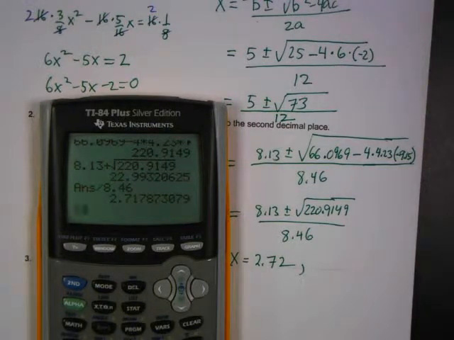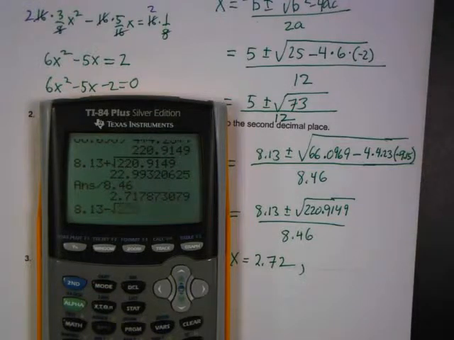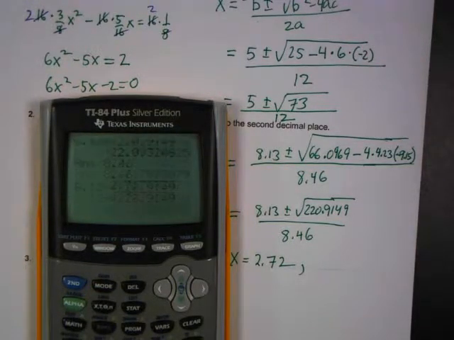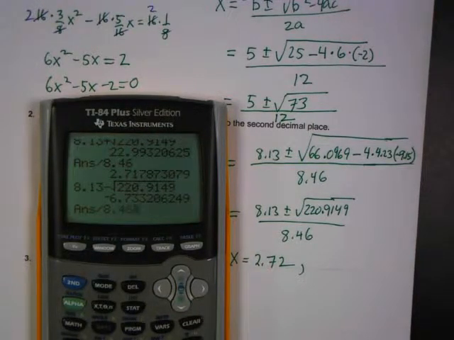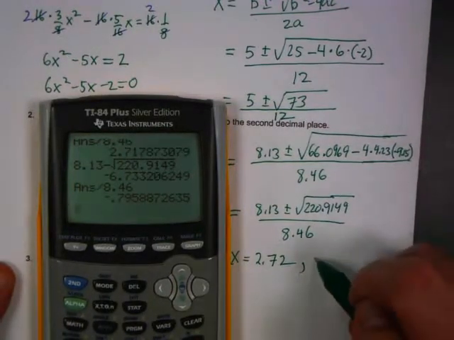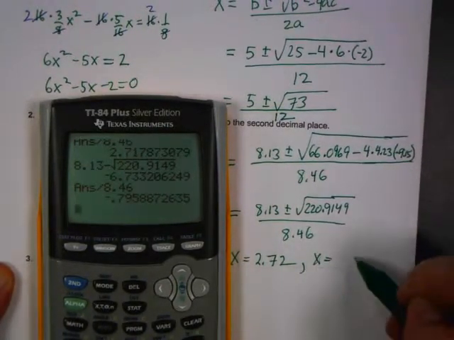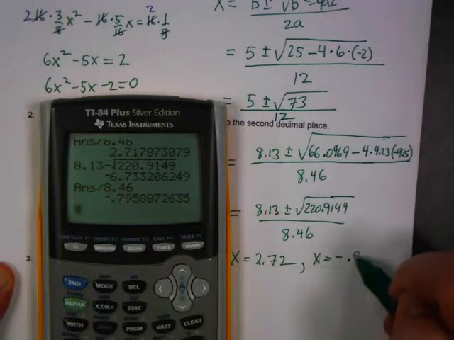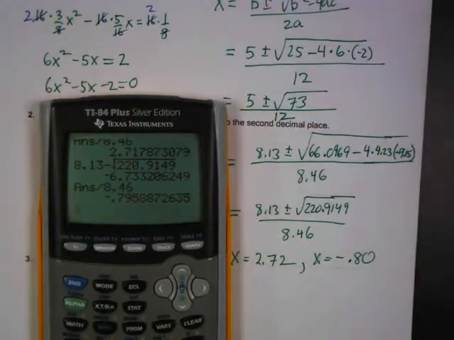So I do 8.13 minus square root 220.9149, and I hit enter. And then once again I got to divide by 8.46. Calculator says x equals negative 0.80, rounded off to 2 decimal places.